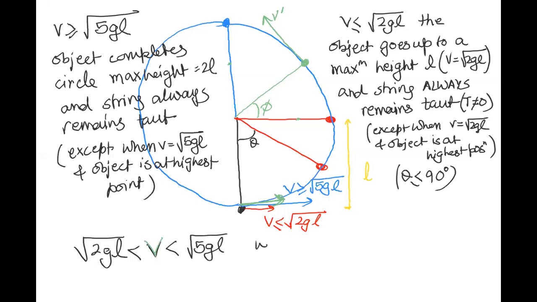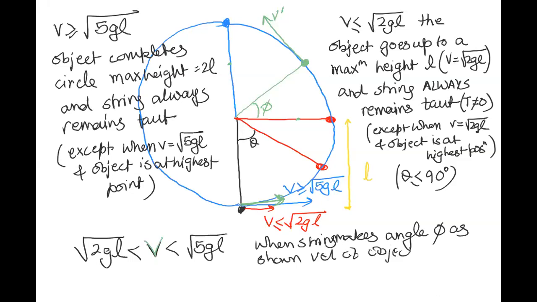When the string makes angle phi as shown, the velocity of the object is v dash. At this point, the tension becomes 0.